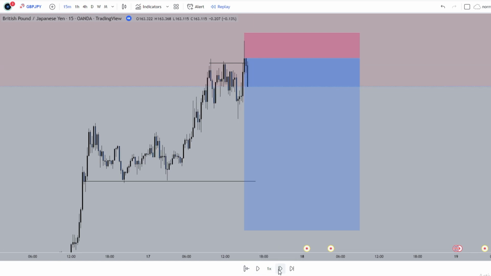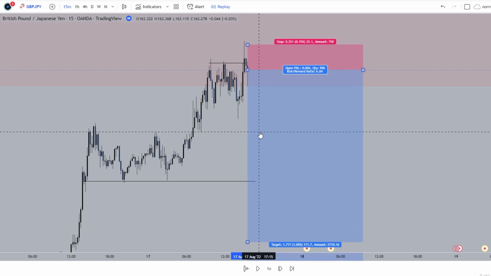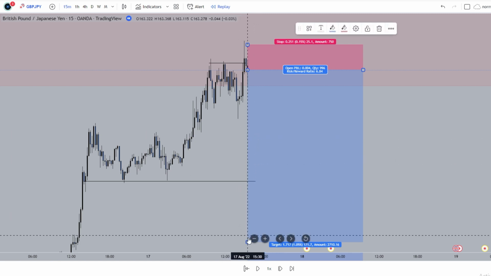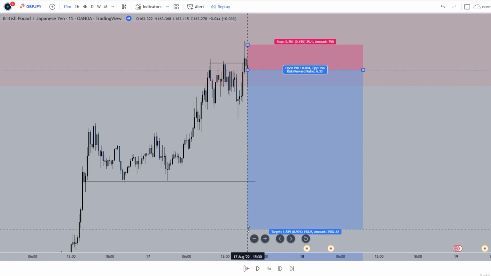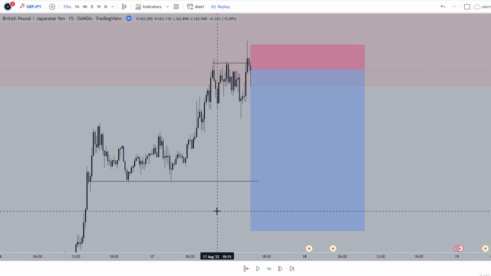I was still lucky, because this was eventually where I entered, and I was looking for around the same target, so around 160 pips. And we can see what happened afterwards.